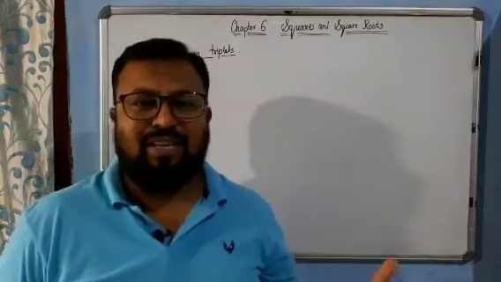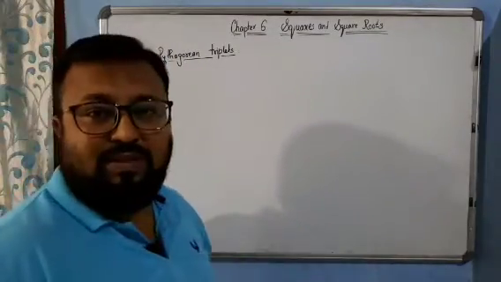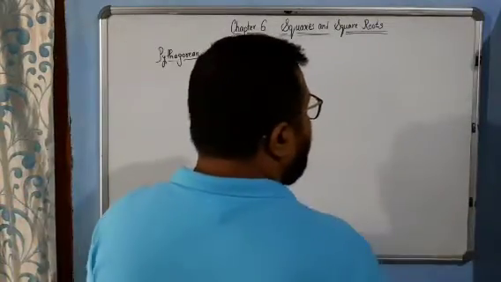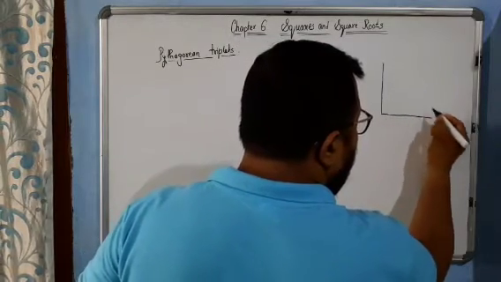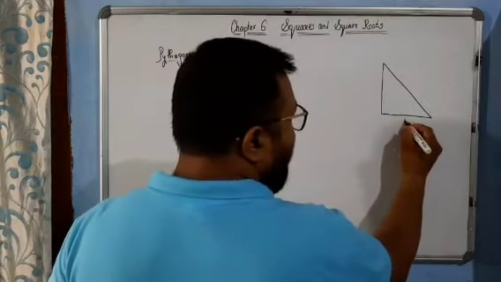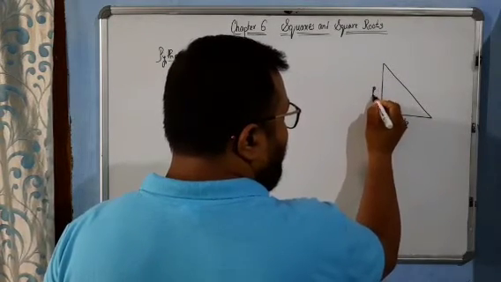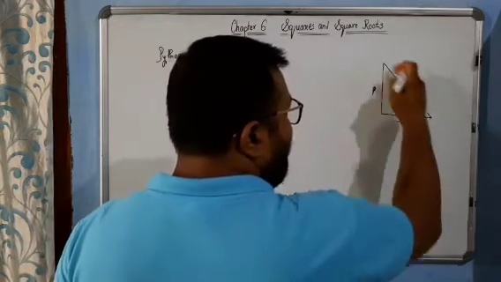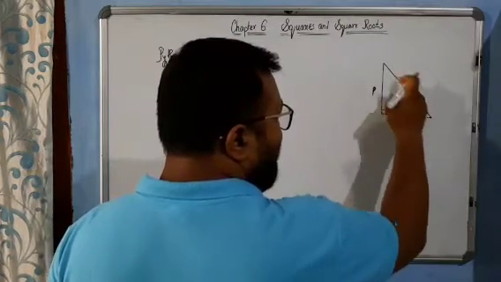The next topic is Pythagorean triplet. What do you understand by Pythagoras? You have heard of the Pythagoras theorem: in a right angle triangle, if this side is the base, this is the perpendicular, and this is the hypotenuse, and this is the 90 degree angle, the side opposite the 90 degree angle is known as the hypotenuse.